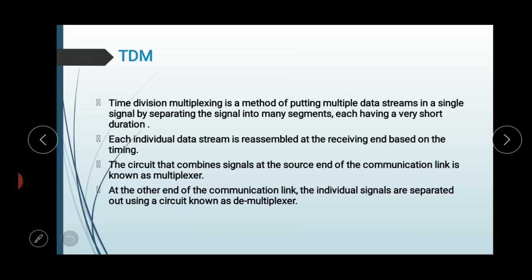So in TDM, the complete signal gets transmitted by occupying different time slots. Okay? And the circuit that combines signal at the source end is known as multiplexer, and at the receiving end the circuit used to separate this signal is known as demultiplexer.